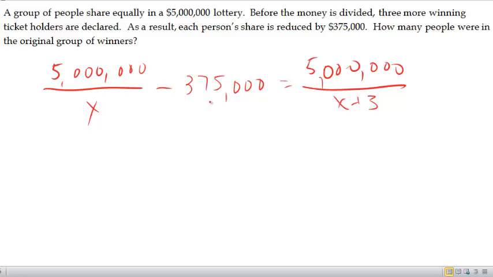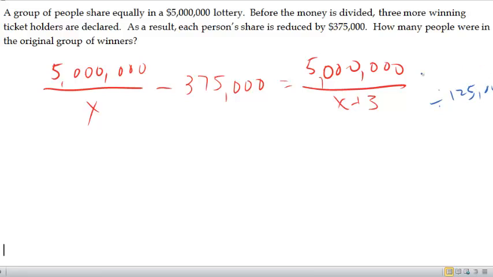For this particular problem, and we could have done this with the last problem too, these numbers are just too big. I don't want to have to keep writing these zeros. We're likely to end up having a problem somewhere. So we're going to divide absolutely everything here by 125,000.